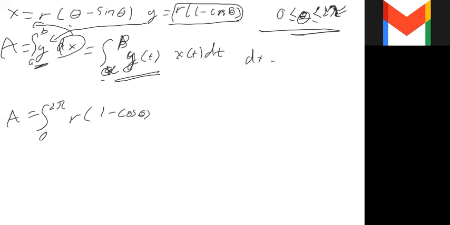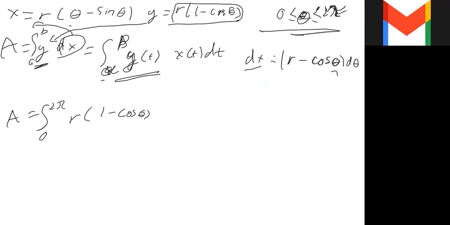The derivative of this in terms of theta would be r times, so what is the derivative of sine of theta? It's cos theta, right? Okay, nothing changed. And this will be dx over d theta, so you can multiply d theta over here to give us d theta like that.